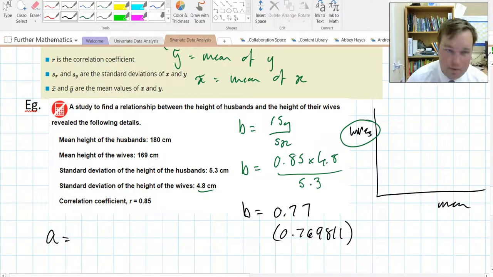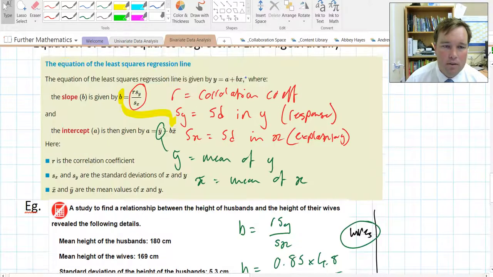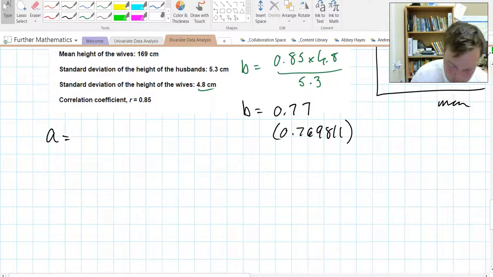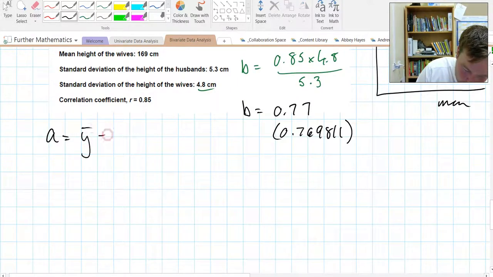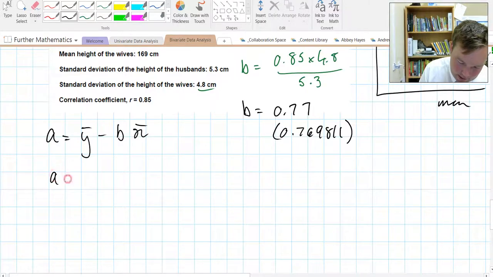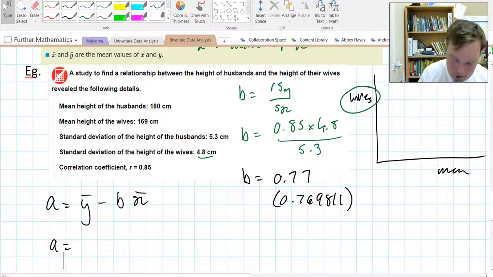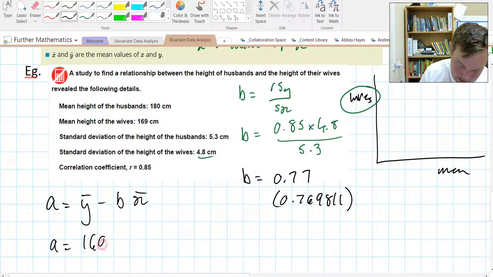Alright, now to find a. A is equal to y bar take b x bar. So a is equal to, now y bar is the mean of the y values, which is the mean of the wives, so 169, minus b, which will be our 0.769811, times x bar, which is 180.